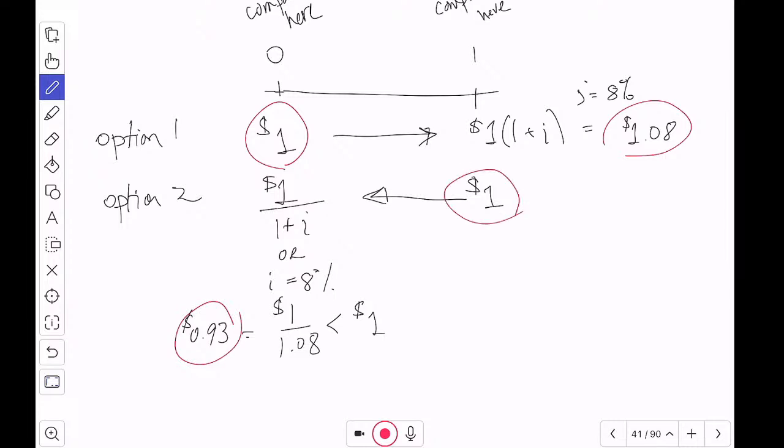Again, you're always going to pick option 1, whether you're comparing at time 1 or comparing at time 0. All right, so delaying is not preferred to getting the money up front, because from the perspective of today, delaying makes the money worth less to you today.